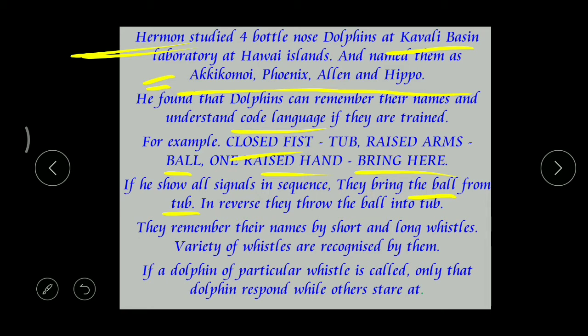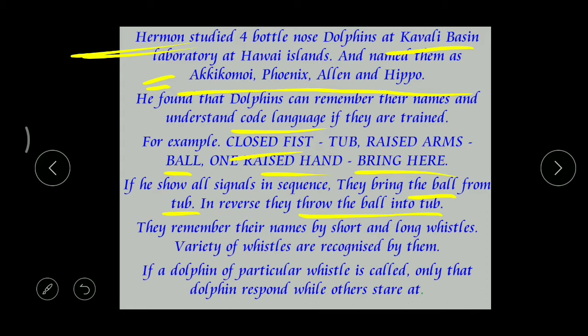When these three signals are given in sequence, they understood that he wants them to bring the ball, so they bring the ball from that tub. And when the same signals are given in reverse, that means a single arm, then two arms in the air, and then a closed fist, then they throw the ball into the tub.